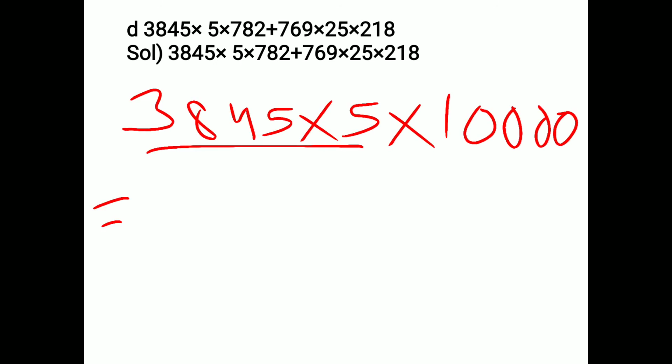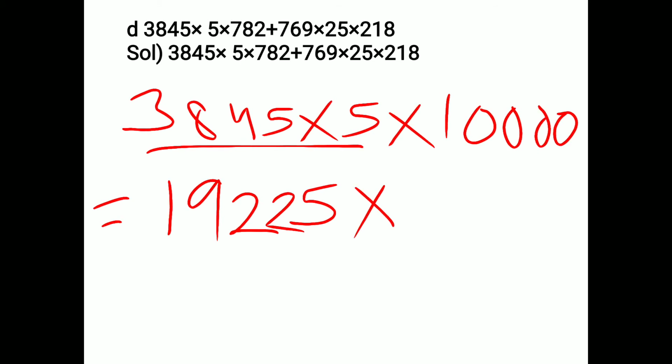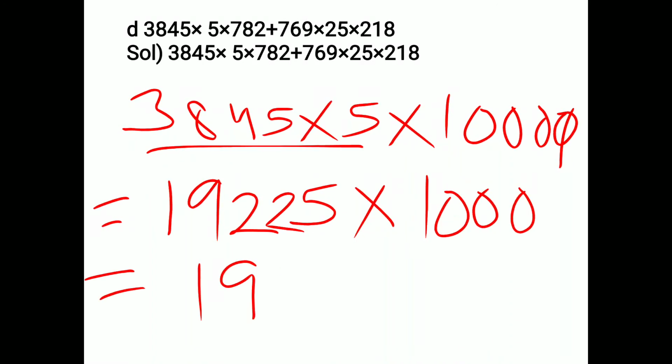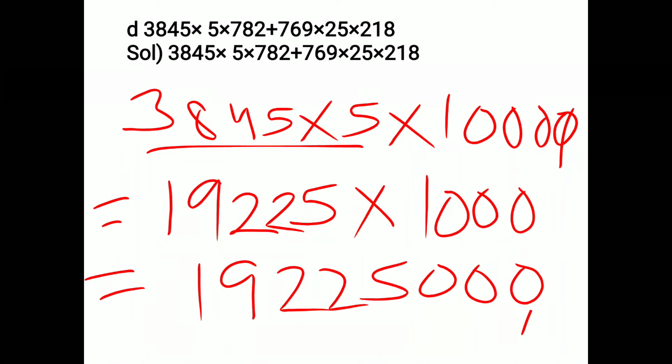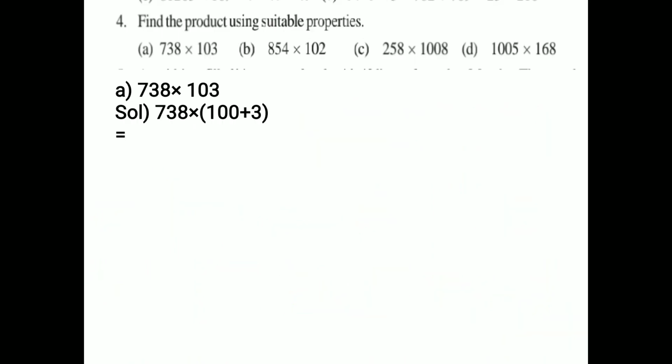When you multiply it, the answer comes: 5 5s are 25, 5 4s are 20 plus 2, 22, 5 8s are 40 plus 2, 42, 5 3s are 15, 15 plus 4, 19, into 1000 only, into 1000. There is 1922500. Clear? Now students, we do question number 4.